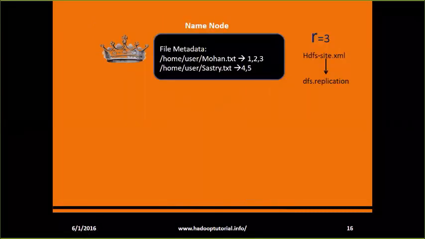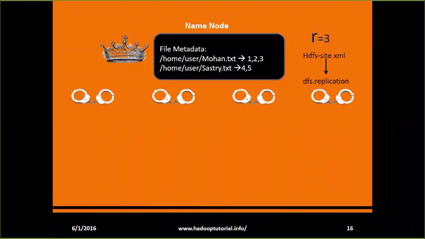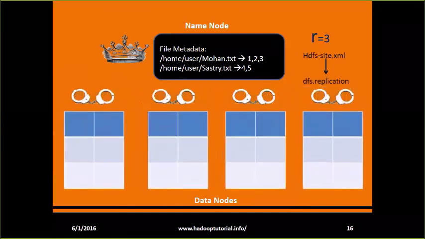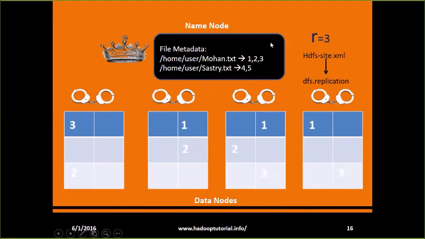Okay. So this slide, I think I have already shown you. I have a file with 3 blocks, and I need to store that file into HDFS with replication factor 3. Assuming these 4 data nodes, block 1 is copied onto D2, D3, D4, and block 2 is copied onto D2 again, D3, and D1.